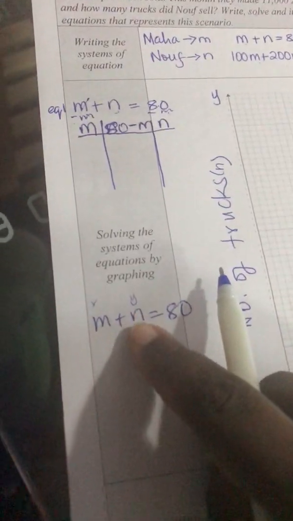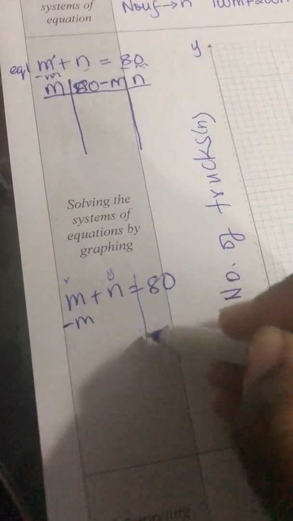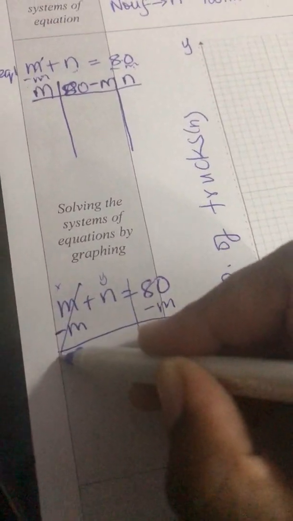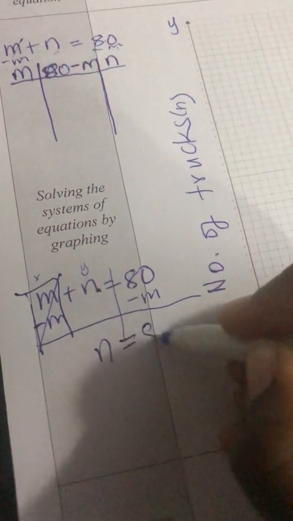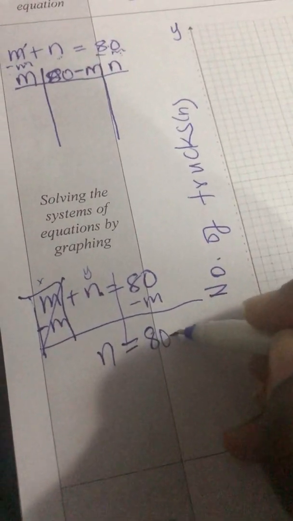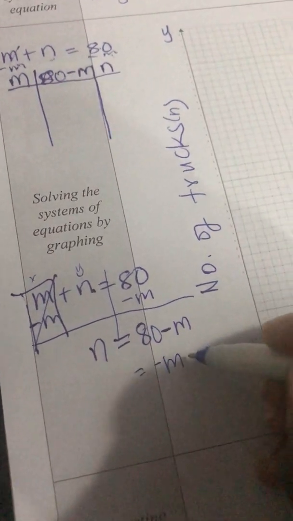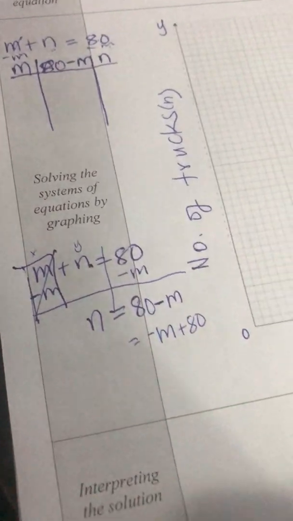So I want y by itself. I will subtract M on both sides. Remember your bridge. So this will go away. I will be left with N equals 80 minus M, or negative M plus 80.